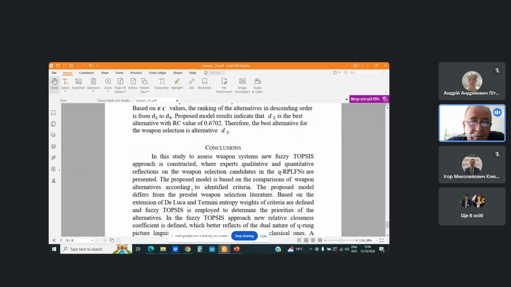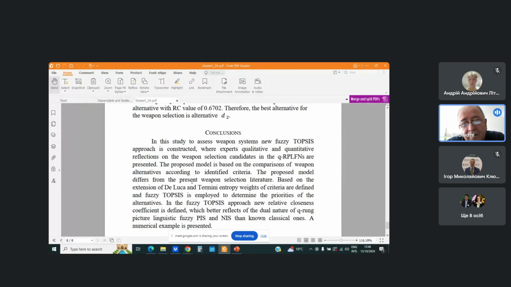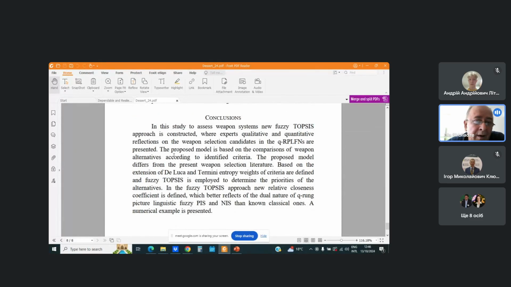So now, as a conclusion, we have to highlight some moments. We consider the fuzzy TOPSIS approach. The model can take into account experts' qualitative and quantitative reflections. This is why we choose Q-rank picture linguistic fuzzy numbers.